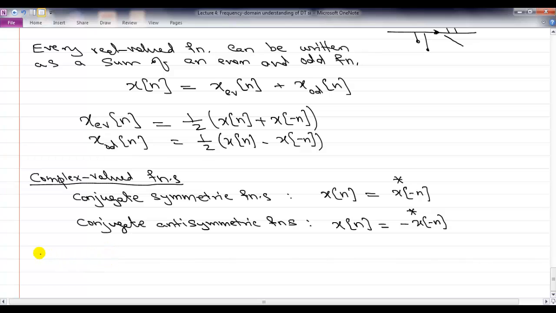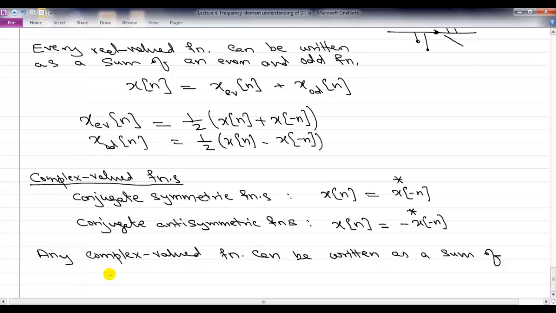And the same principle applies, that any complex valued function can be written as a sum of conjugate symmetric, I'll use CS, and conjugate anti-symmetric functions.